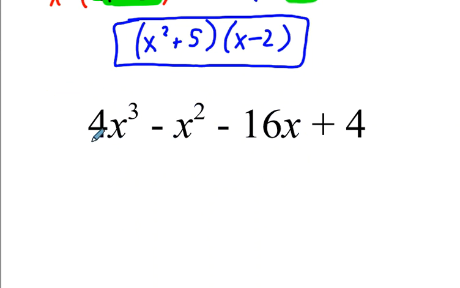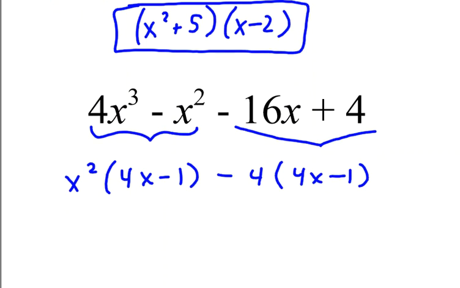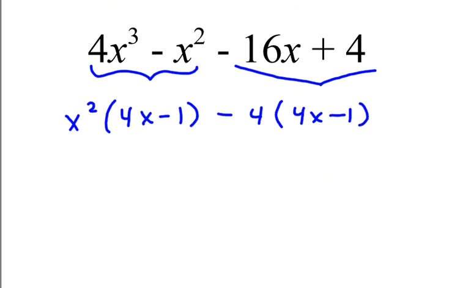Alright, so I'm going to look at the first two, and I can pull out an x squared and I'm left with 4x minus 1. I look at these two, I can pull out a negative 4 and I'm left with 4x minus 1. Again, if I get similar but not the same, I might want to check for pulling out a negative, or if there's another GCF.